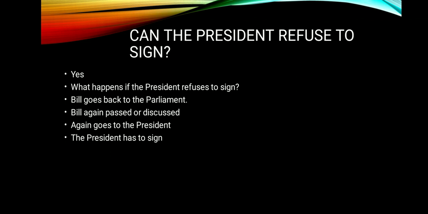Many times, in such conditions, a joint session of the parliament is also called, as the ruling party is in majority, and in the joint session the bill is passed easily, so the president will have to sign the bill, and after the signature or consent of the president, it becomes a law.